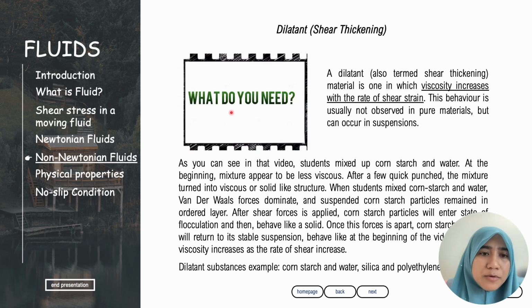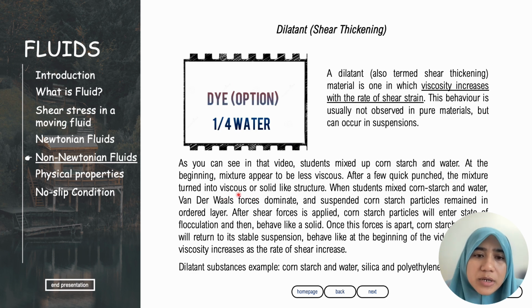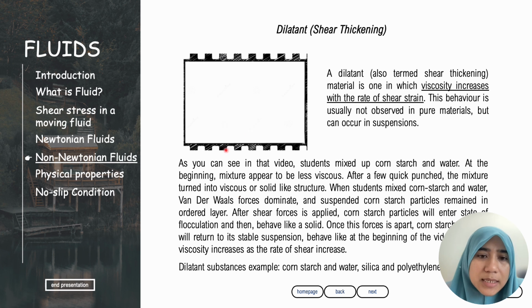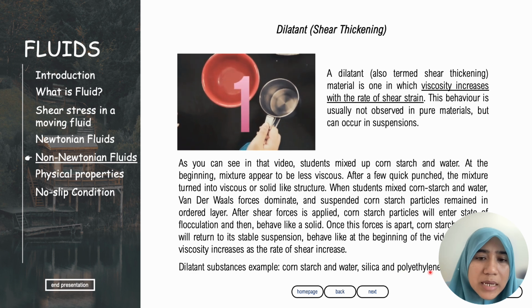When we introduce our cornstarch, it turns more viscous, like a solid structure at the end of the mixing. Other examples, here we have silica and polyethylene.